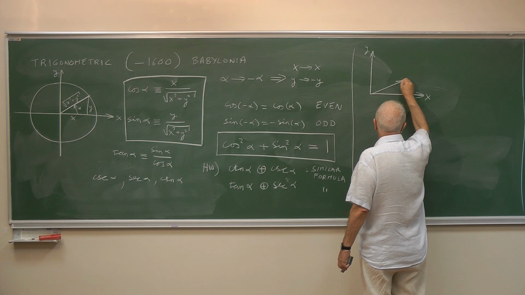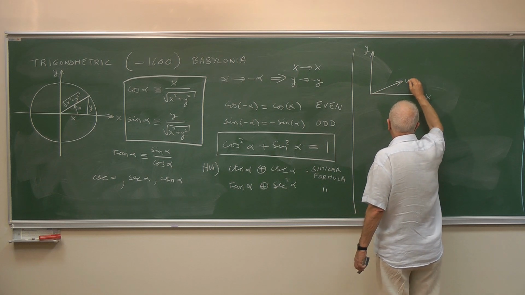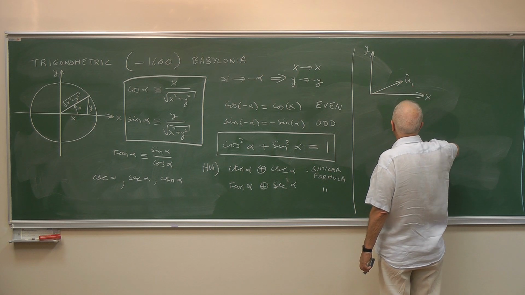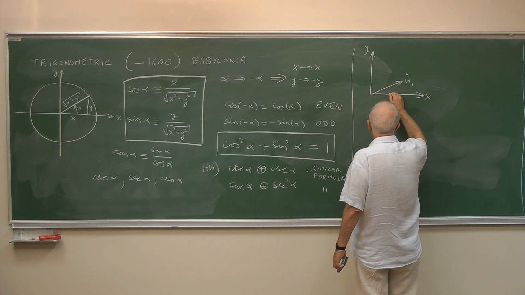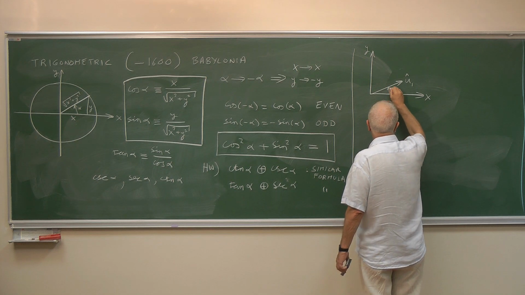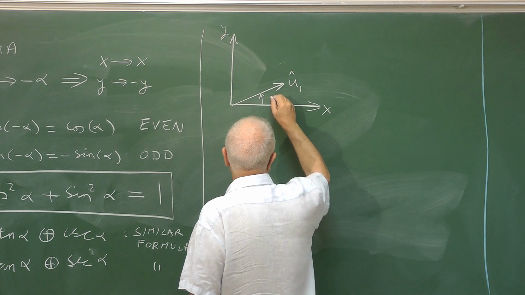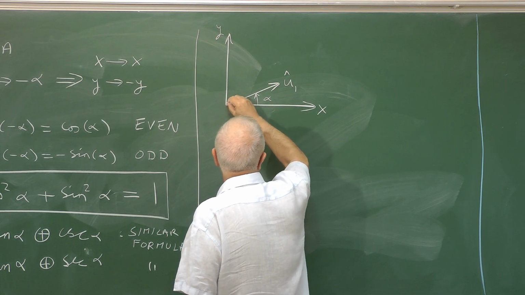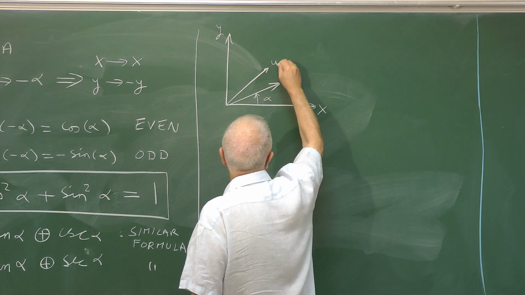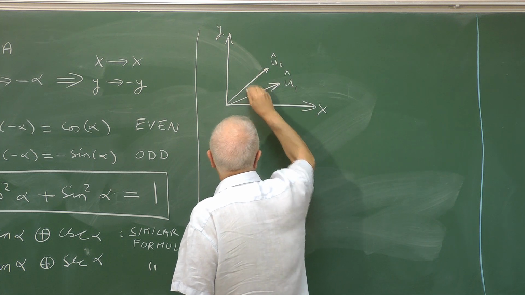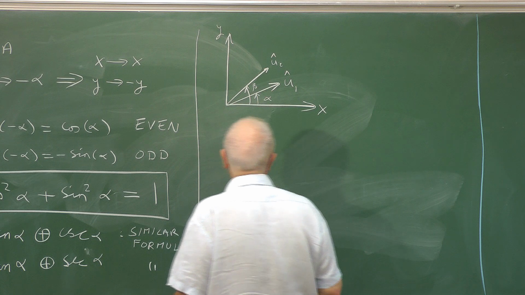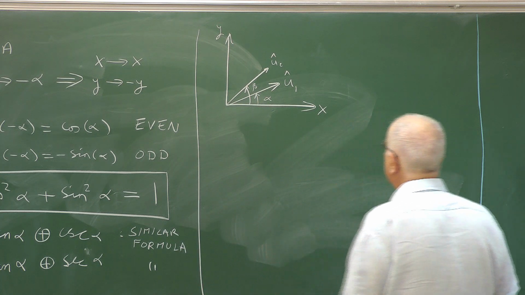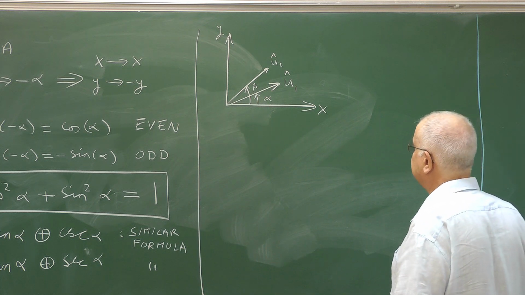Here I have a unit vector u1 hat, which is off from the horizontal direction by an angle alpha, and then there is u2 unit vector, which deviates from the horizontal by beta.